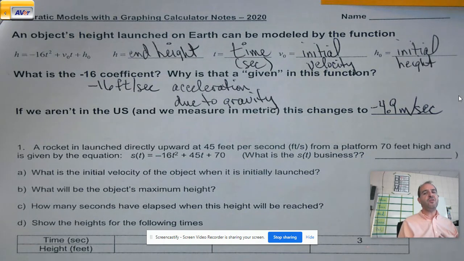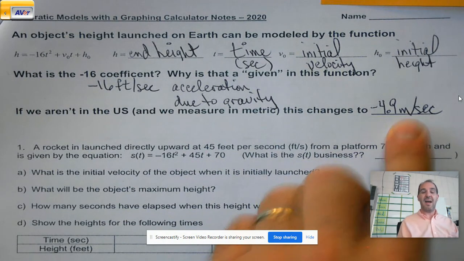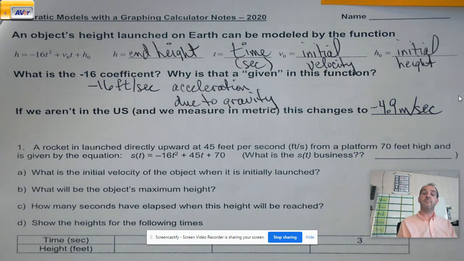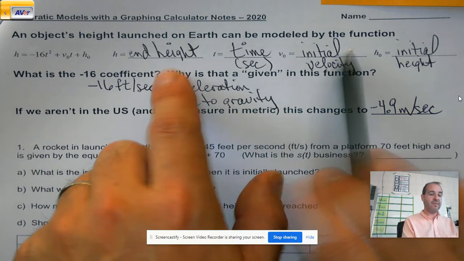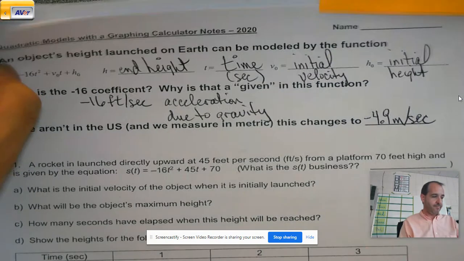Okay? So I do have to pay attention to the problem and see if it talks about feet, I need the negative 16. If it talks about meters, I need to use the 4.9. Okay? Otherwise, we're always going to have this available to us. So we're not going to have to worry that we're not going to have it there. Just something to mention.